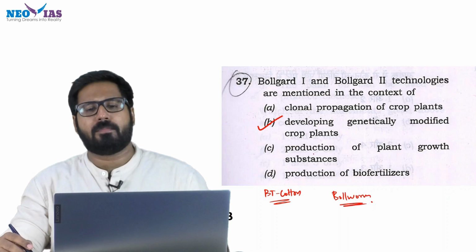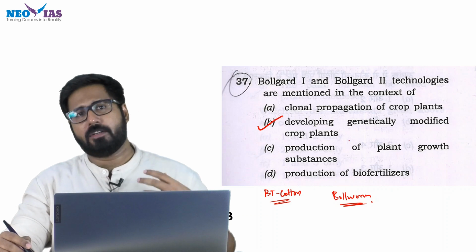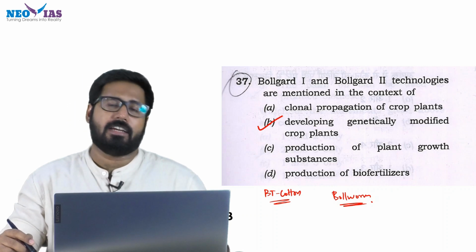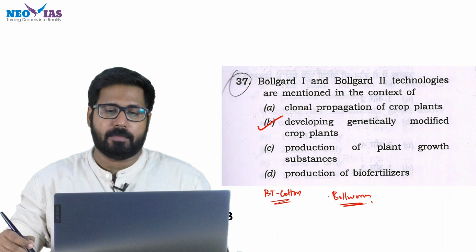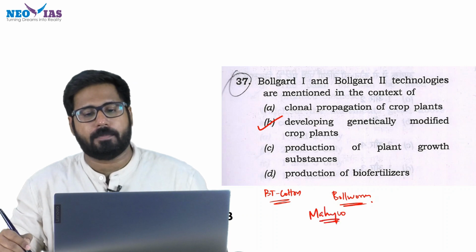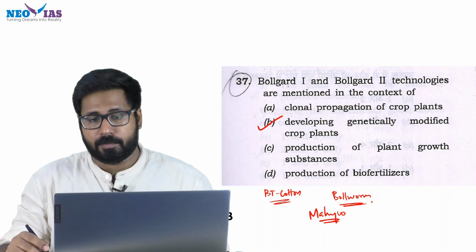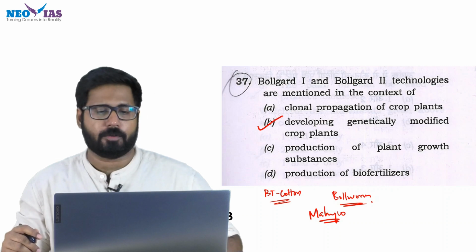So Ball-Guard 1 and Ball-Guard 2 are technologies which are making these crops more resistant towards the various insecticides and the various insects which actually eat the cotton. Alright, so this has been made by the Maheko company, and this Maheko company has put forward these two technologies to make genetically modified cotton crops.